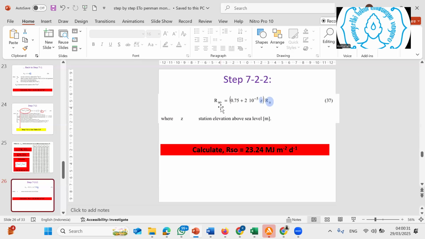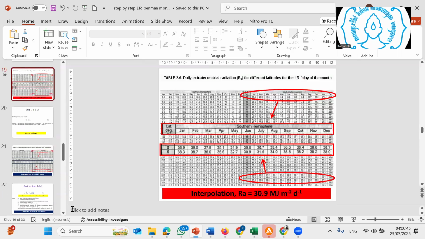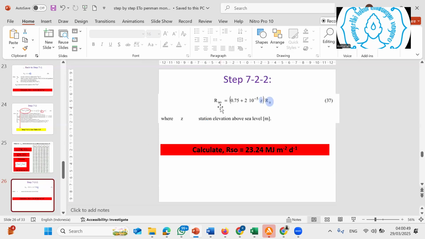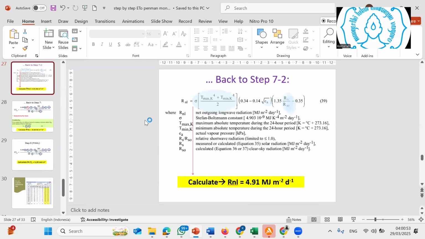So we calculate the clear sky radiation, with the Z being 100 meters above sea level, and the Ra already given in the previous step. So we got this Rso, and after that, we calculate the longwave radiation.